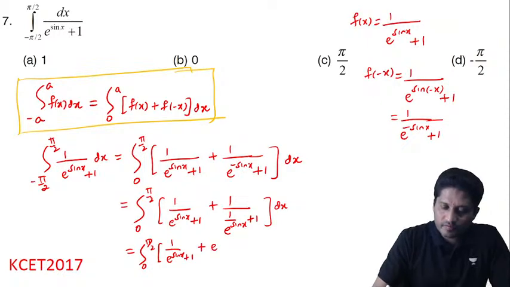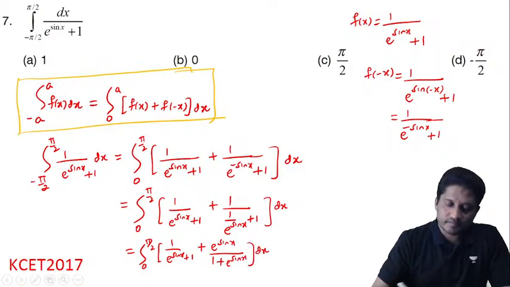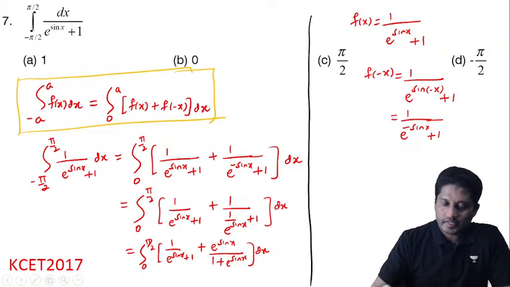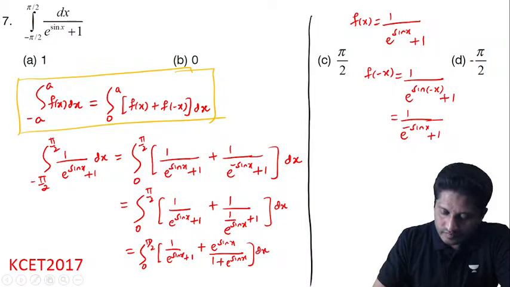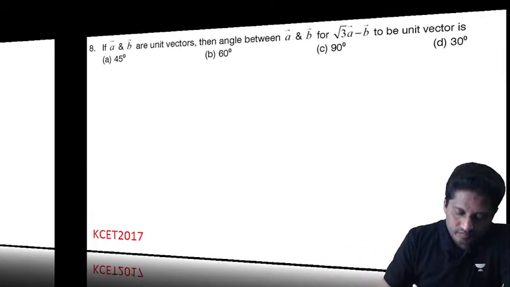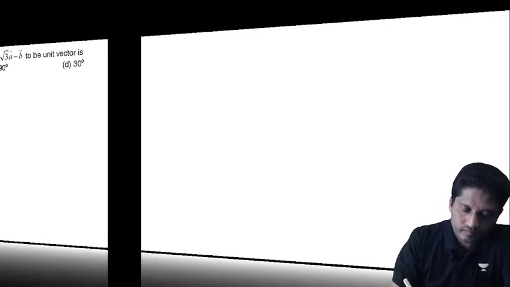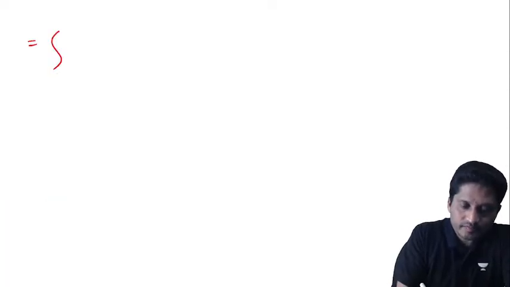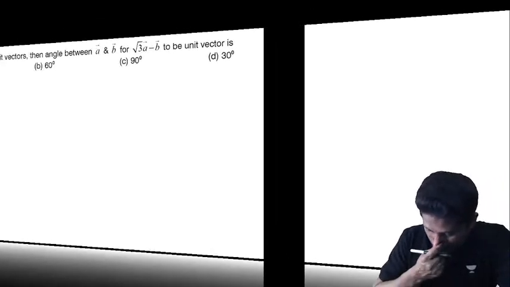Plus, cross multiply and shift to numerator, e power sin x divided by 1 plus e power sin x. Then this is dx. Take the LCM. Okay, so if I take LCM here, it should equal integration of 0 to pi by 2. You get e power sin x plus 1.